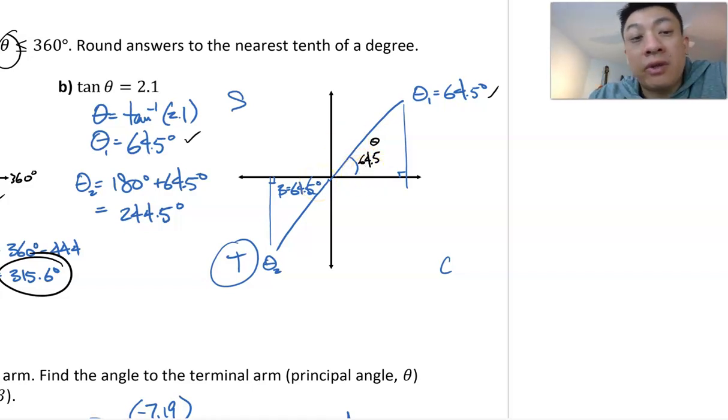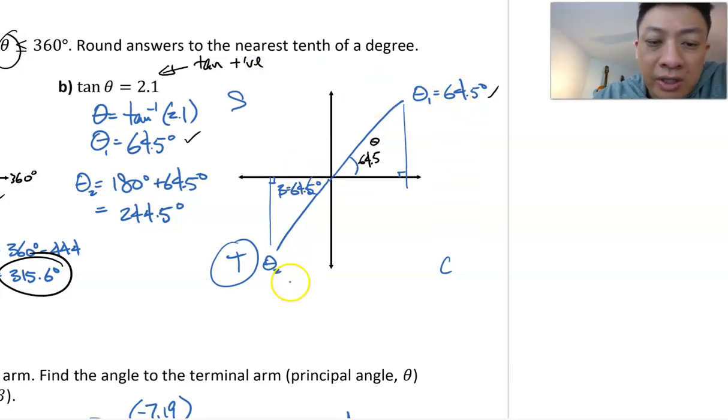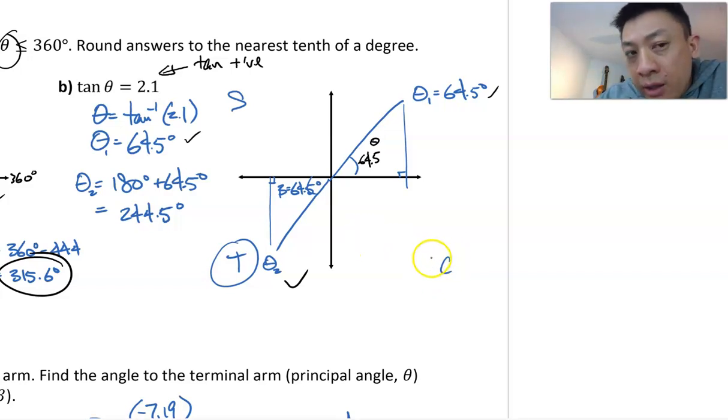That's the first one. But if you think about CAST, tan is actually positive. So it's positive here in the first quadrant, but it's also positive here in the third quadrant. In the second quadrant, where the S is, only sine is positive and tan would be negative. And in the fourth quadrant, only cosine is positive, and everything else is negative there.